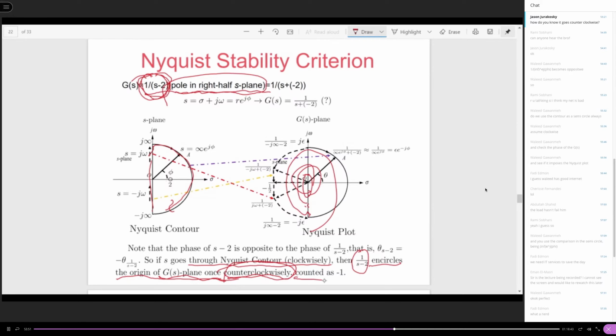So we count it as -1. We count it as -1. Still counted as one encirclement, but the sign is different.